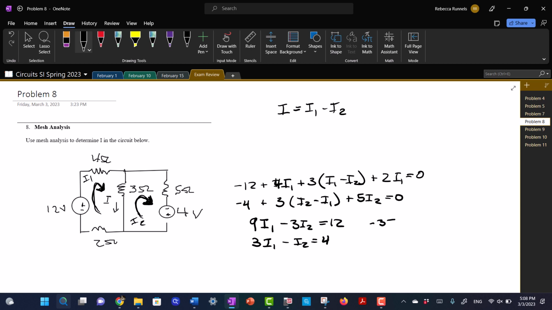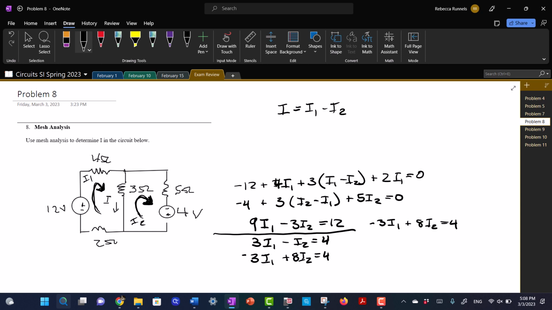And this is going to be 4I1 plus 3I1 minus 3I2 plus 2I1. So combine all my like terms. I'm going to get 9I1 minus 3I2, which equals 12.